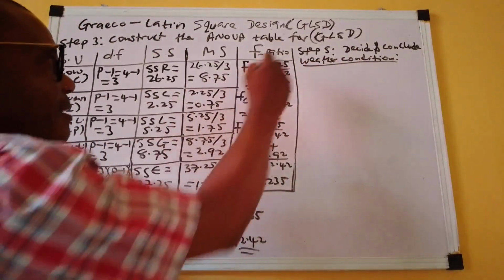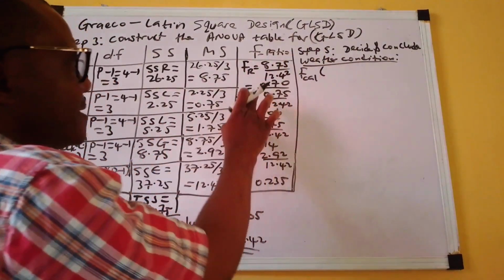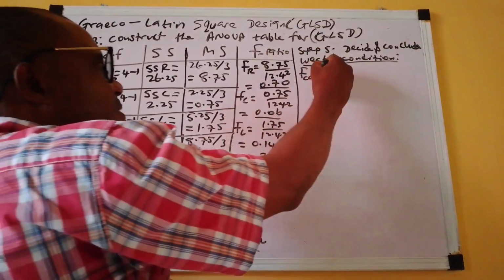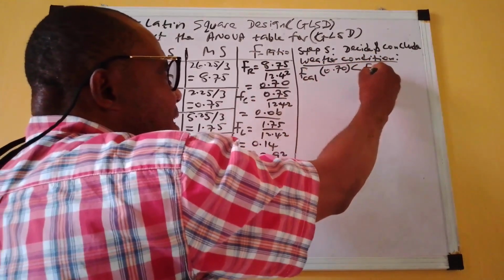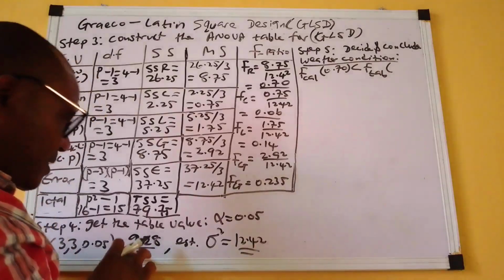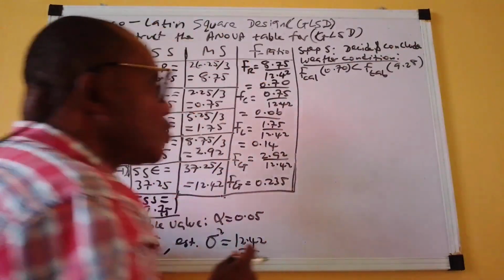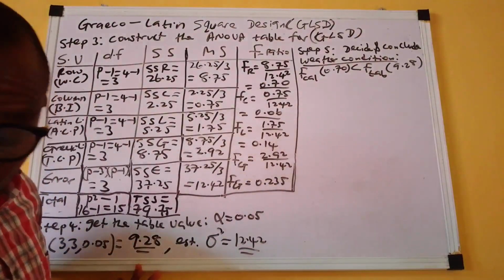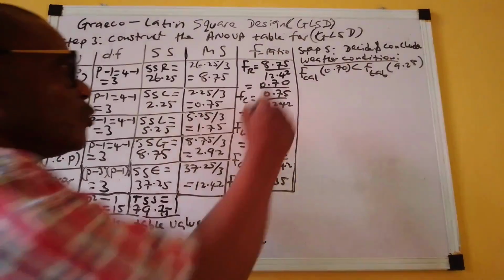What is F-cal? Our F-cal, the calculated value, is 0.70, is less than F-tab, our F-tab is 9.28. So if the calculated value is less than, what do we do? We accept H0.